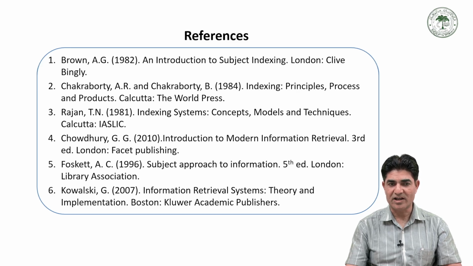A complete chapter is given in this book on derived indexing systems like catchword indexing, title-based indexing, keyword indexing, and keyword in context and keyword out of context. Another important book in this context is Introduction to Modern Information Retrieval by G.G. Chowdhury, where you will also find the concept of derived indexing.